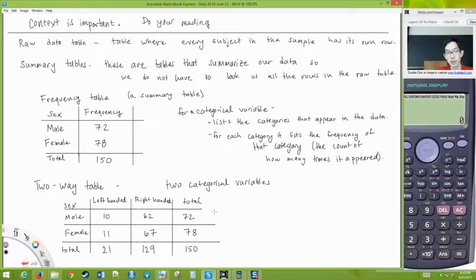Okay? So basically, on each axis of the table is a categorical variable. Again, we're looking at two categorical variables at the same time. So on each axis of the table is a categorical variable.